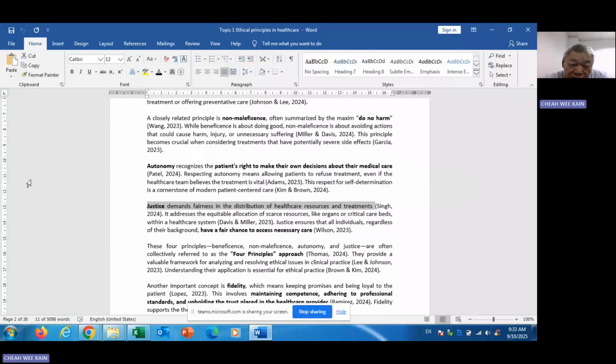But nevertheless, we should have justice as a core principle. And the core principle means patients have a fair chance to access necessary care. We should not reject patients unnecessarily unless we don't have the resources. Okay? So we call these the four principles. Let me say again, what are the four?